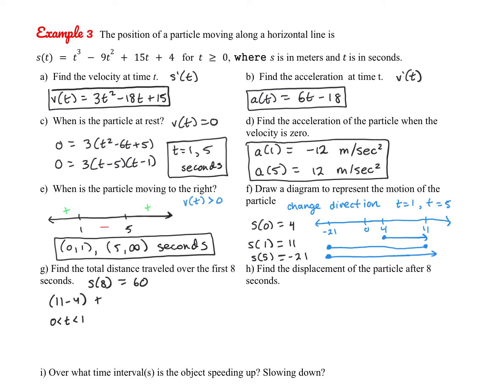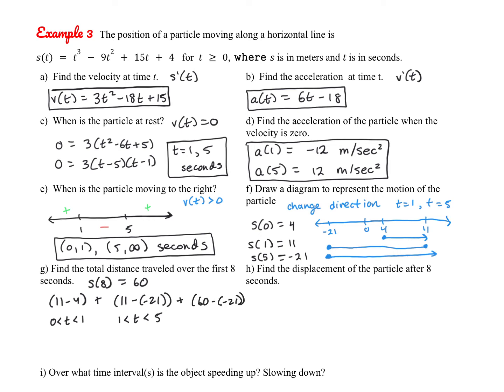And then we want to find the distance from here to here. So we can do 11 minus negative 21. And again, that's the distance between 1 and 5 seconds when it's here at negative 21. And then we know it goes from negative 21 to positive 60. So to find that, we could do 60 minus negative 21.